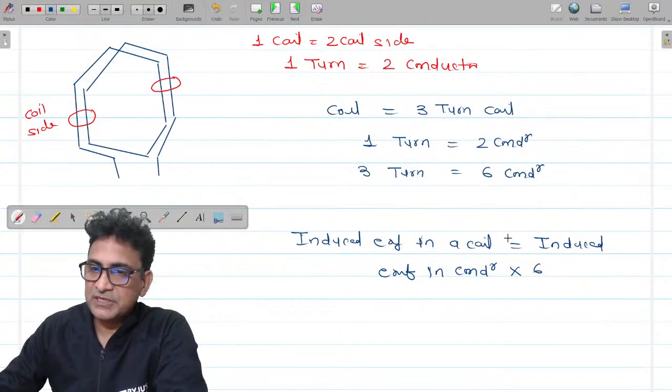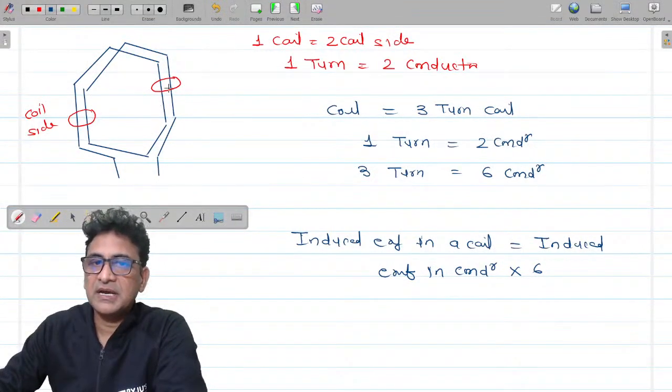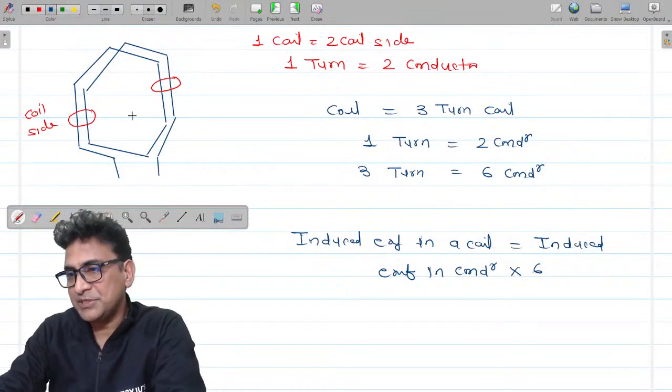But this would give the right answer only if my coil is a full pitch coil.